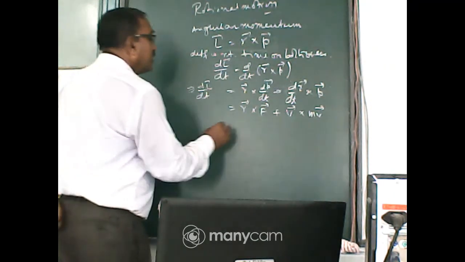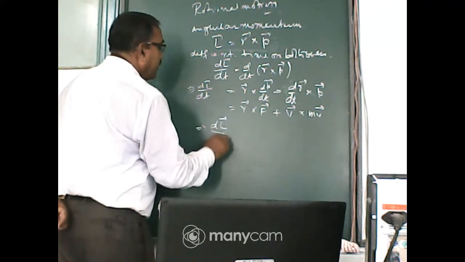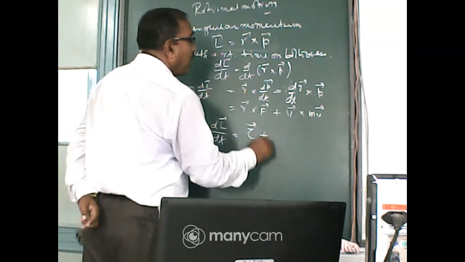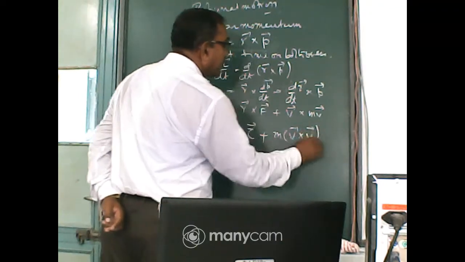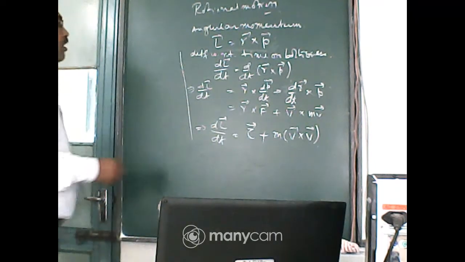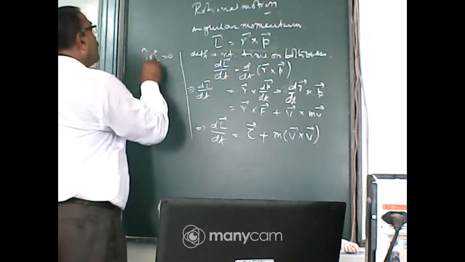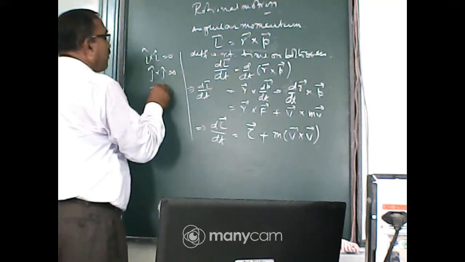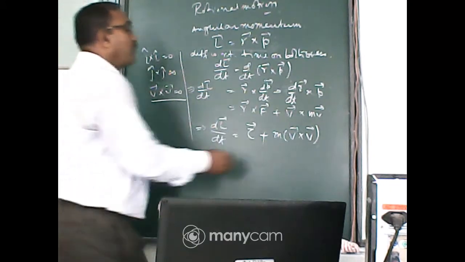So my dear student, d dt of L equal to R cross F, which is tau, plus m into v cross v. Already you know I cross I equal to 0, j cross j equal to 0, similarly v cross v equal to 0. So that part will be 0.